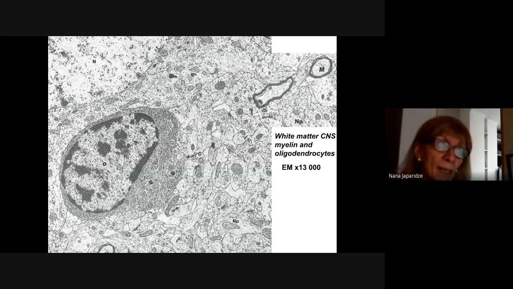And on another side of the active zone, you can see the dendrite. It might be a dendritic spine, a dendritic shaft, or the soma, part of the perikaryon of the neuron, because we have axosomatic synapses too.